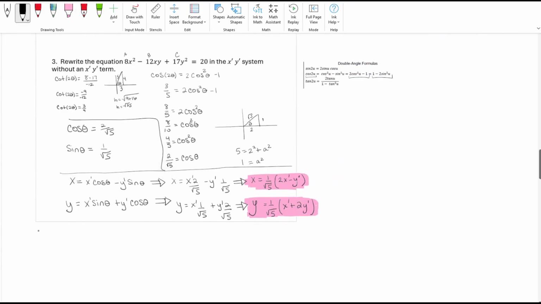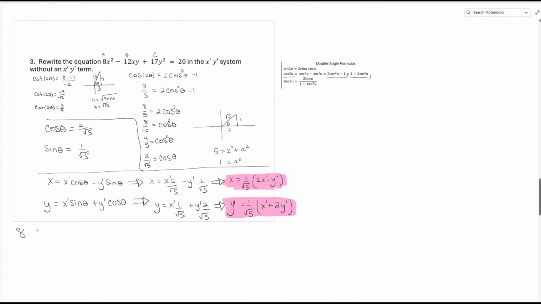Okay. We have an 8x squared. There we go. And that's squared.